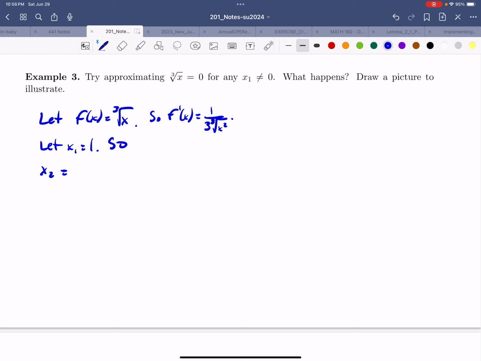All right, so let's see. x2 is going to equal x1 minus f of x1 all over this.